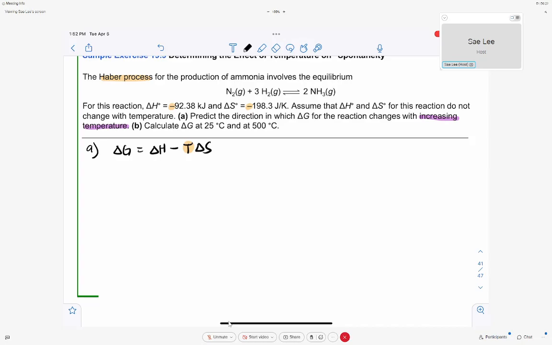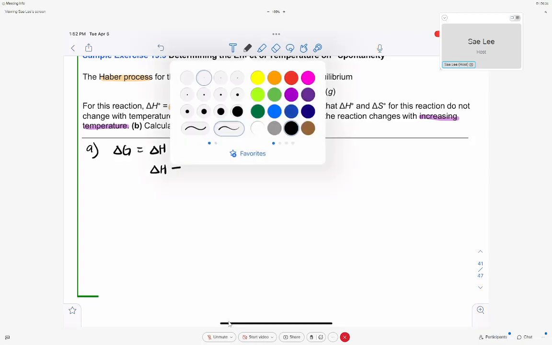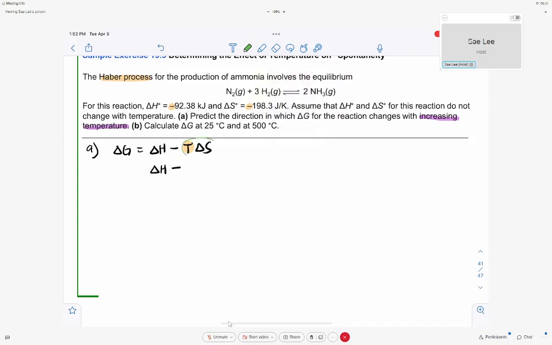If the temperature increases, this portion is going to be large. As temperature increases, you're multiplying a large value to this delta S, so you're going to have a large value.